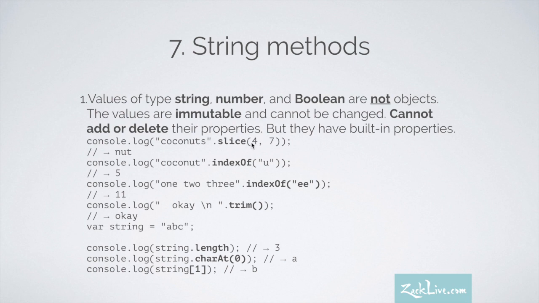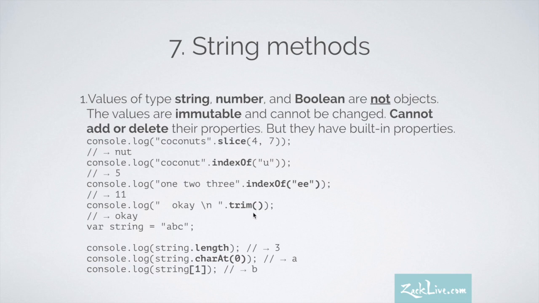You pass a start index and an end index, and then it will return the fragment of the string. You can find the index of a certain character in a string with indexOf. The difference between indexOf in strings and in arrays is you can use multiple characters with strings.